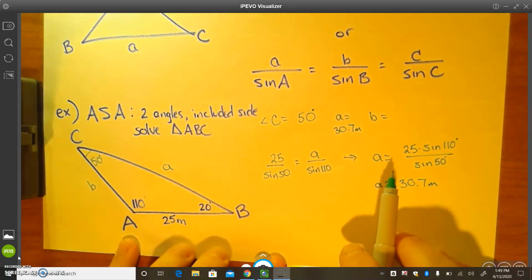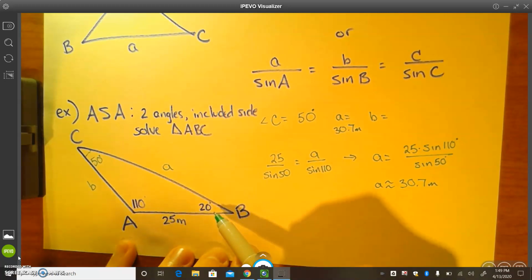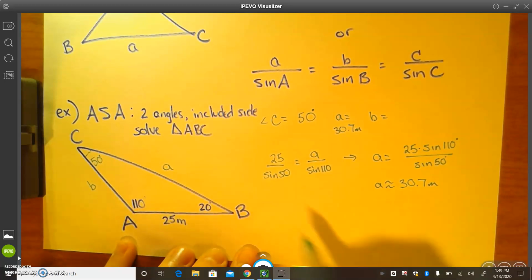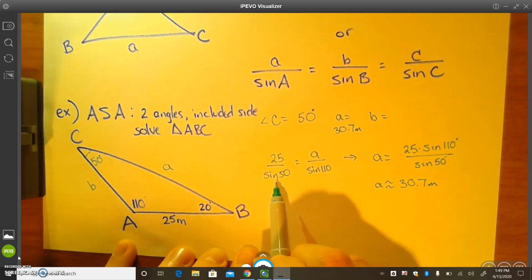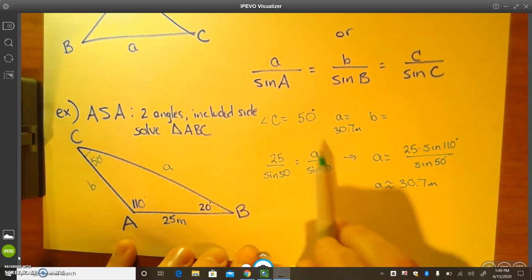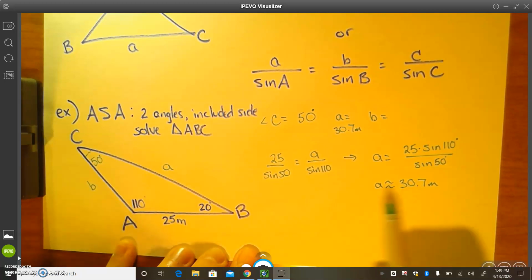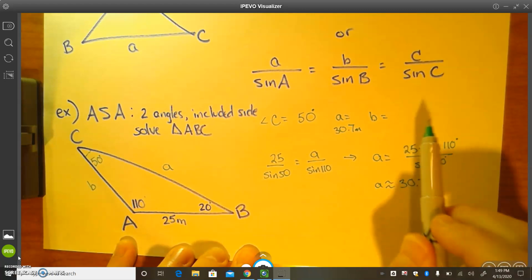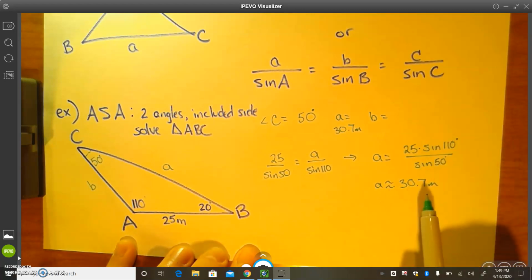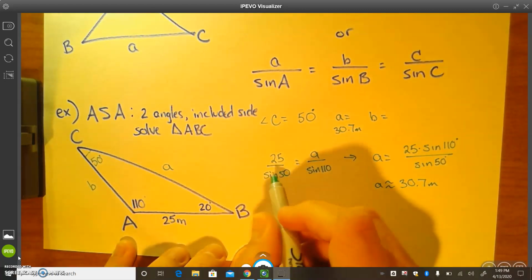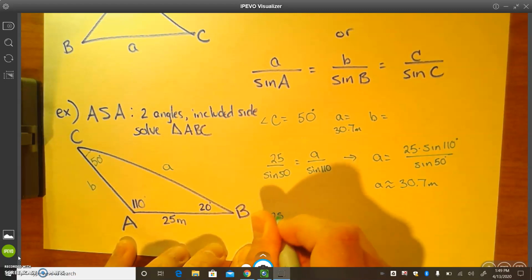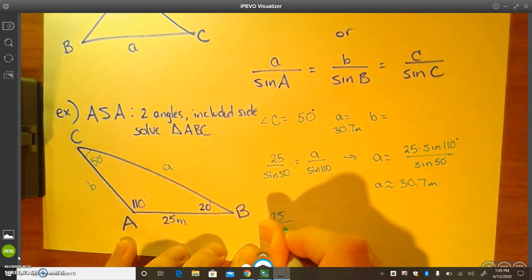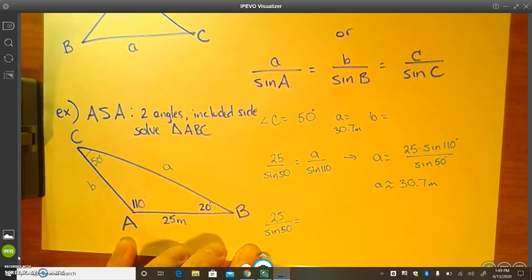Now we can set up another ratio very similar to find side b. I'm going to stick with the exact given information rather than using this ratio here because it's rounded already. And if I use that to solve for a secondary piece of information, it's even less accurate than the first round of rounding. So I'm going to stick with 25 over sine 50 again, because those are both exact.